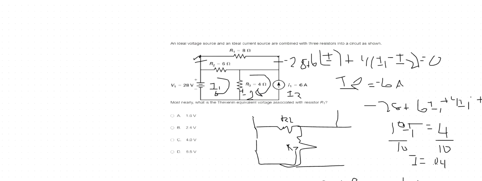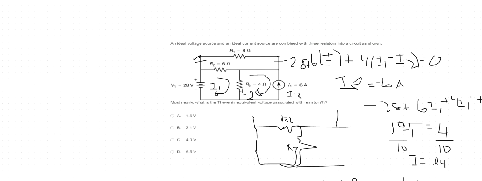R2, which is what? 6 ohms. So only the 6 ohm will be considered. That means whatever is across the 6 ohm will be V Thevenin. In other words, what do you find across the 6 ohm? I1 flowing through there. So how do you find the voltage across it?